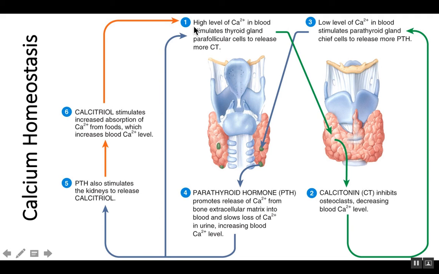So you can go through this figure on your own and go step by step, from step 1 all the way to step 6, and understand how the body is maintaining the appropriate levels of calcium in your bloodstream. If calcium levels get too high, calcitonin helps bring it down. If calcium levels are too low, parathyroid hormone helps to increase calcium. Collectively, they are used to maintain the correct amount of calcium in your bloodstream.